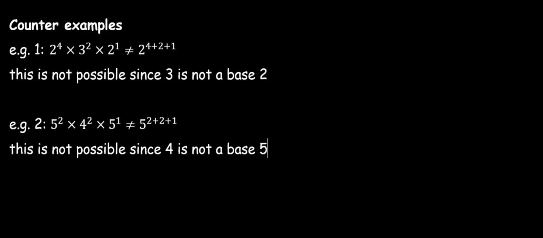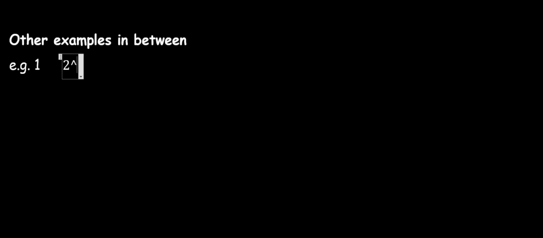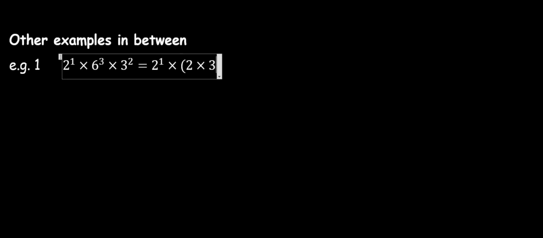Other examples in between. Let's take example 1. 2 raised to power 1 times 6 raised to power 3 times 3 raised to power 2 is equal to 2 raised to power 1 times, open bracket, 2 times 3, close bracket, raised to power 3 times 3 raised to power 2.